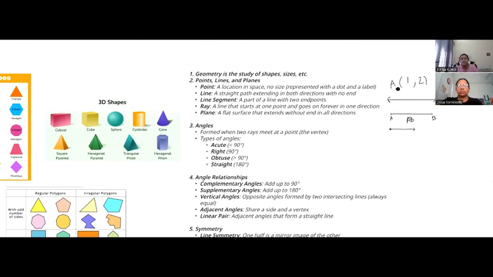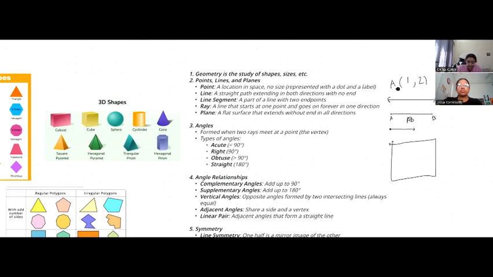And then a plane is just a flat surface that extends without any end and in all directions. When we mean a surface, we mean something like, let's say we have this. This is our plane, and all of these go up forever.